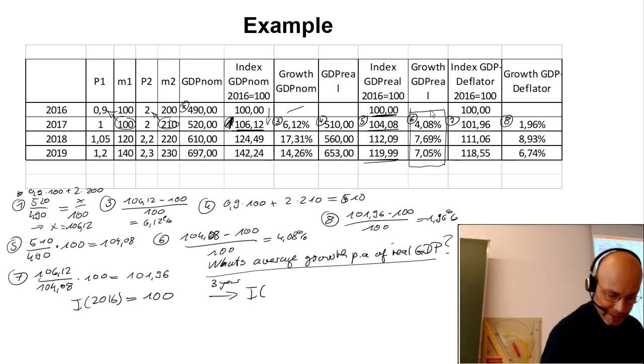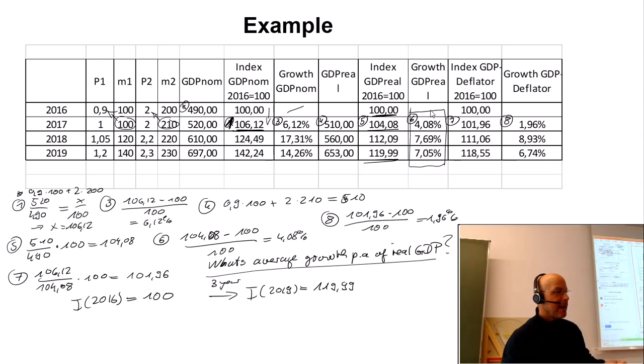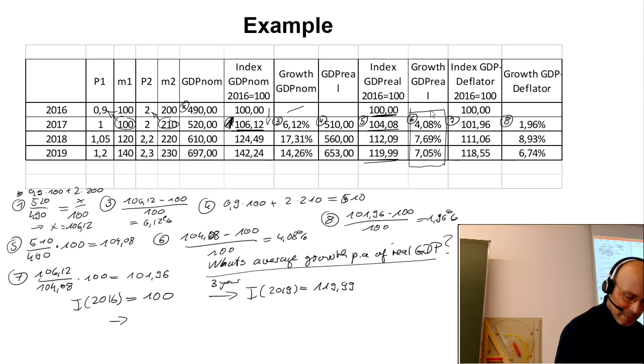So I of 2019 is 119.99. And now we ask which constant growth rate every year ends up by calculating 100 up to 119.99. So what we are interested is 100 times our average growth rate in the first year.